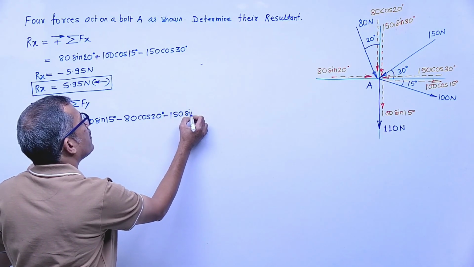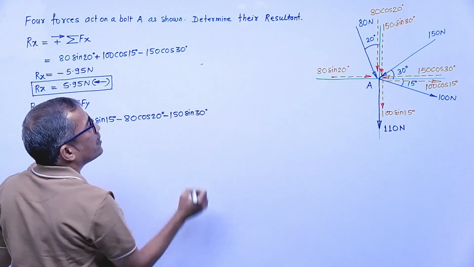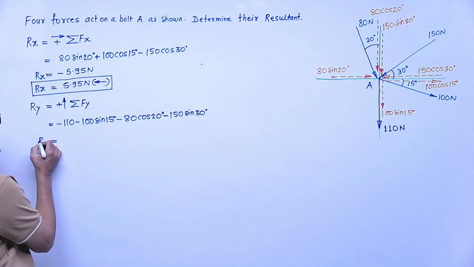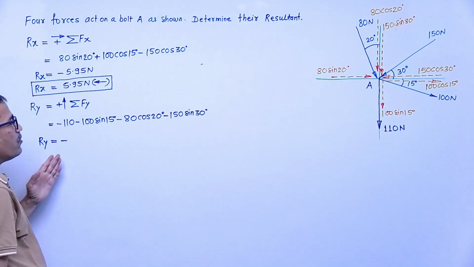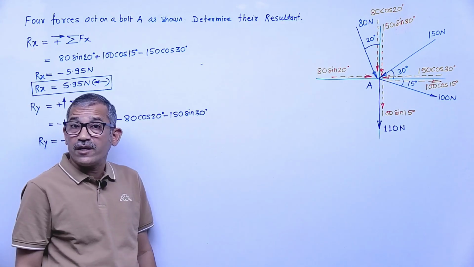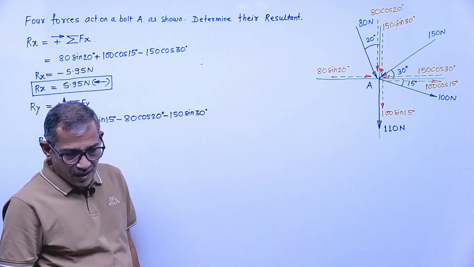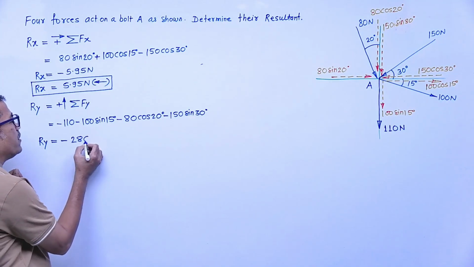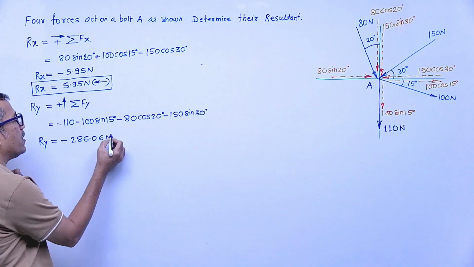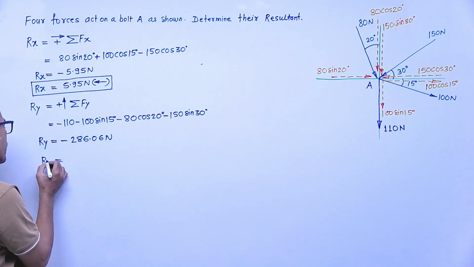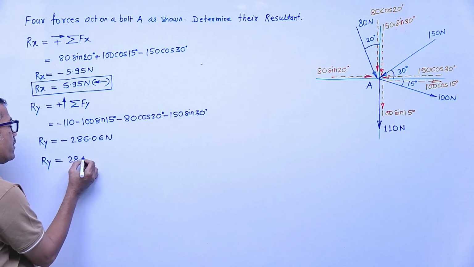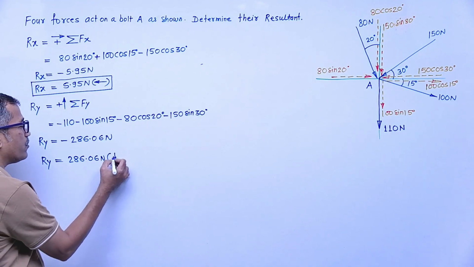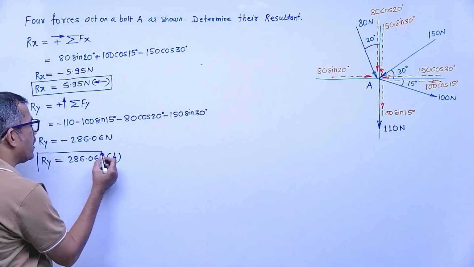Adding these, the answer must be negative. How much are you getting? Ry is 286.06 Newton. The negative answer means Ry is vertically downward.